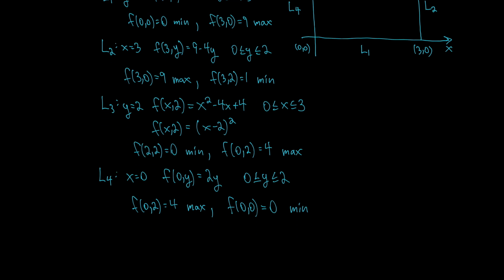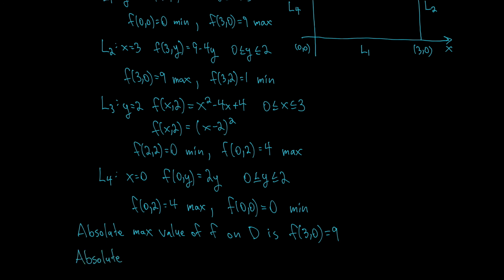So we can write that our absolute max value of f on our domain D is f(3, 0) equals 9, and our absolute minimum value of f on our domain D is f(0, 0), which is the same as f(2, 2), which is interesting.